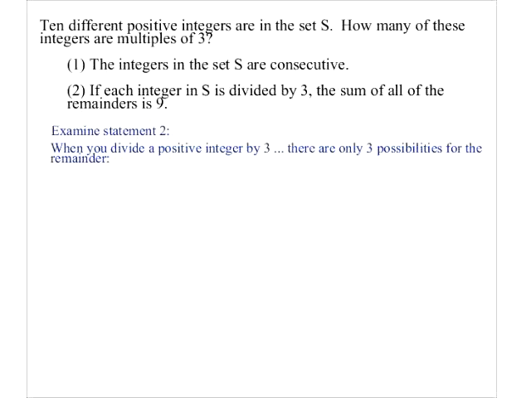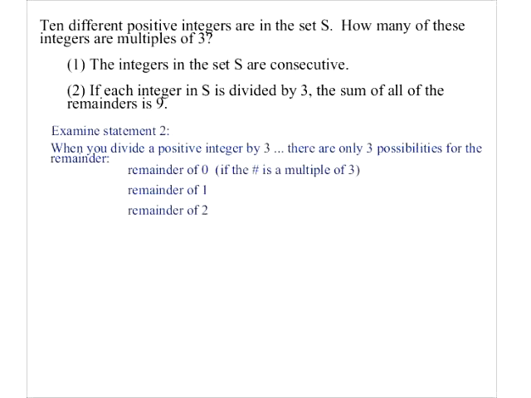You can get a remainder of 0 if the number is a multiple of 3. You can get a remainder of 1, or you can get a remainder of 2. Notice that if your remainder is zero, then that means you have a multiple of 3.